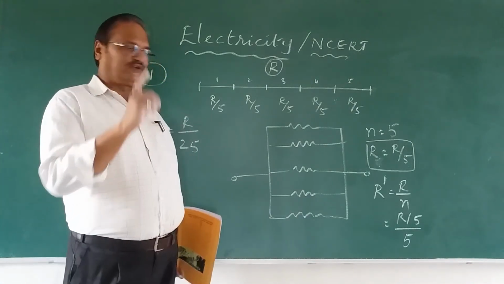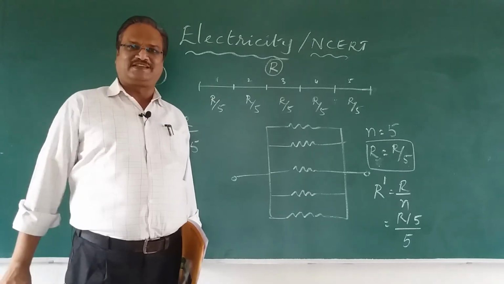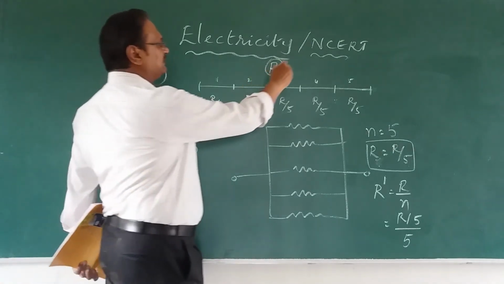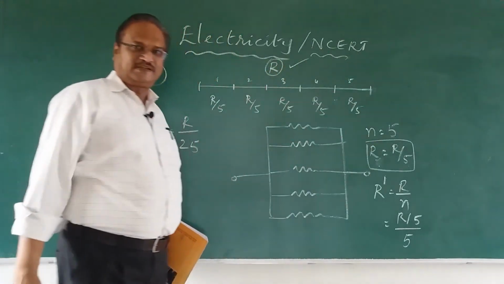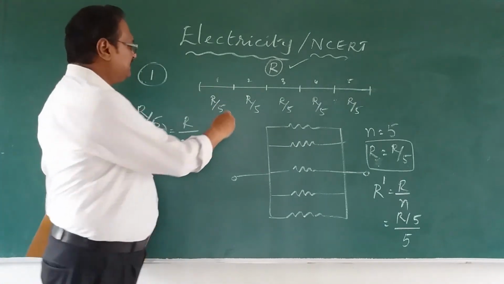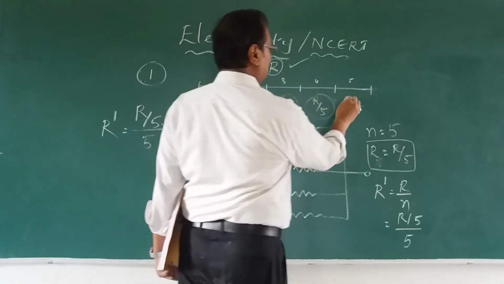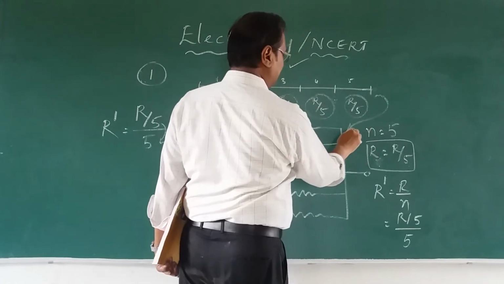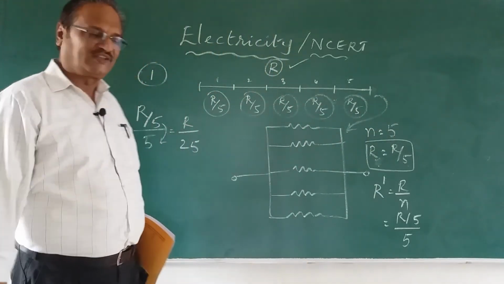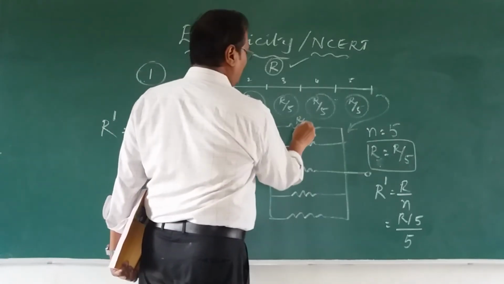Now, again I repeat the problem. There is a resistance R. That wire is cut into 5 equal parts. And these parts are connected in parallel. So each one will have R upon 5.